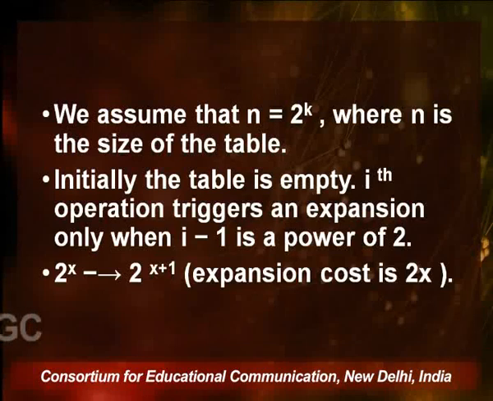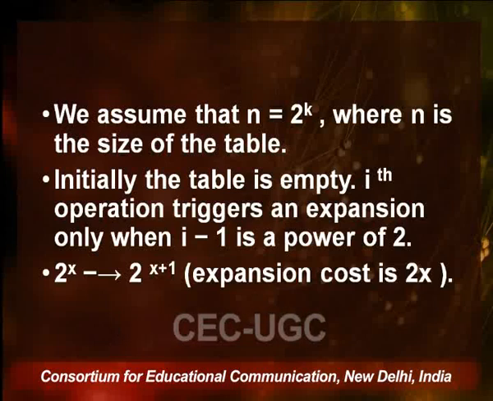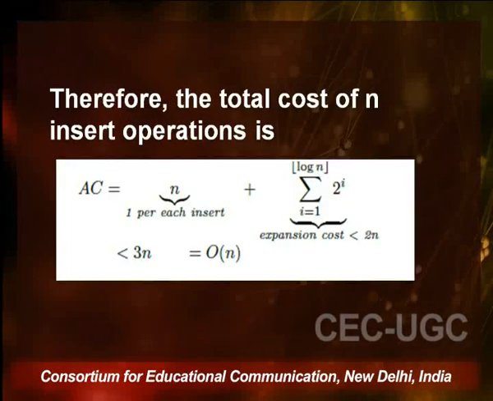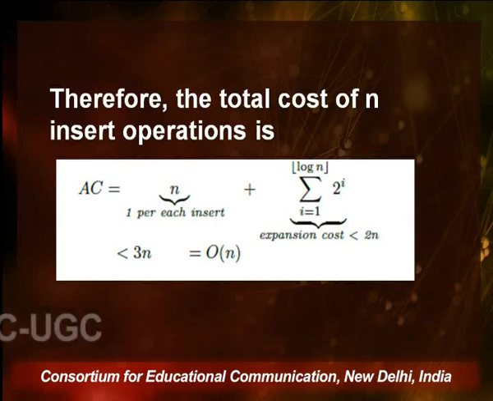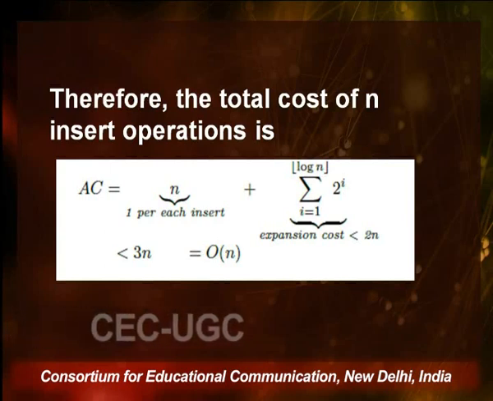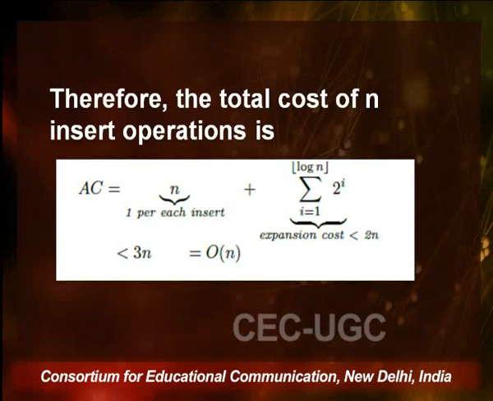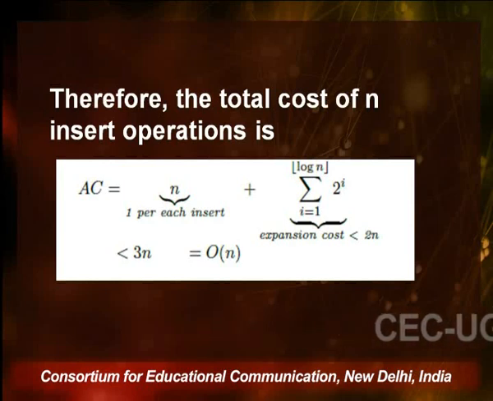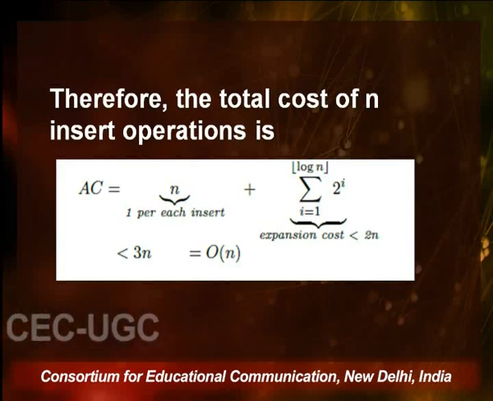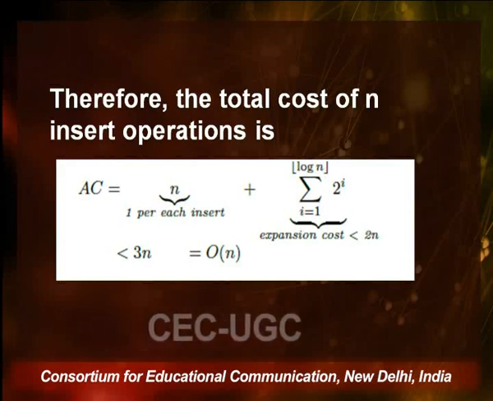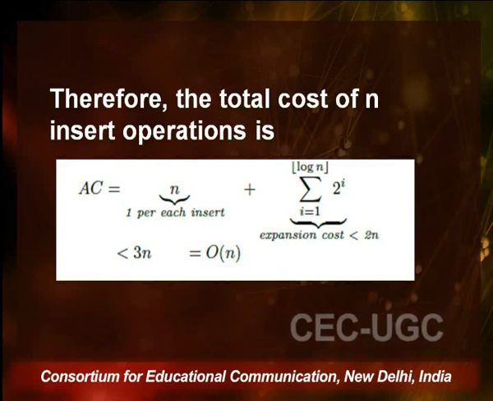The ith operation triggers an expansion only when i minus 1 is a power of 2, and you can easily verify this by taking an initially empty table. One slot is allotted and one insertion happens. Then the second element comes up and we do not have any space, so you need to expand the table from 1 to 2.